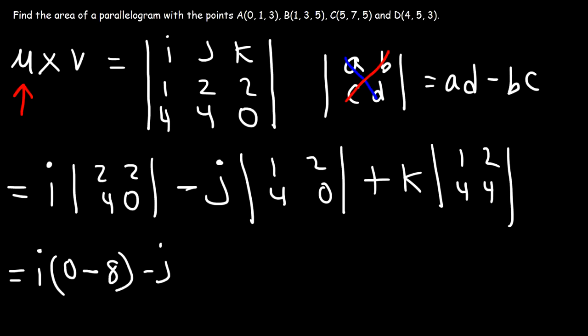And then we have minus j. 1 times 0 is 0, minus 2 times 4, which is 8. And then plus k. 1 times 4 is 4, minus 2 times 4, which is 8.